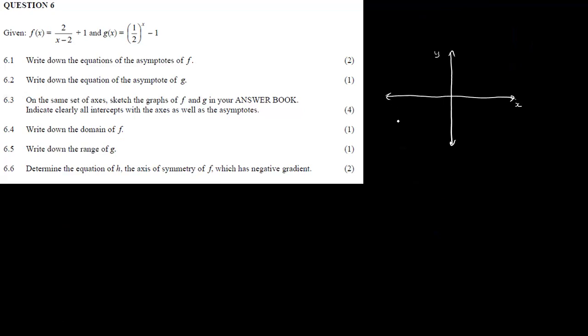Now let's assume that our hyperbolic function has the asymptotes x equals 0 and y equals 0. So that means our graph will look like this. And let's assume that the value of A is less than 0, meaning it is negative.